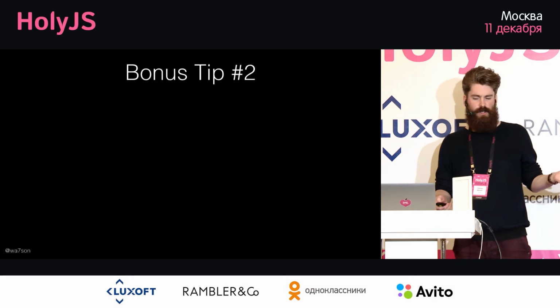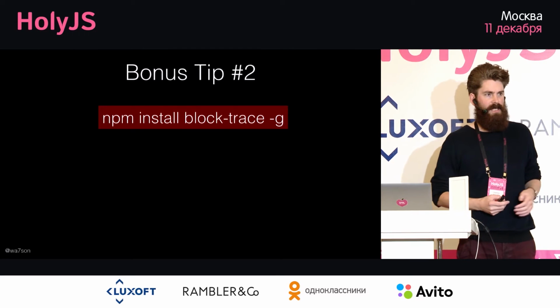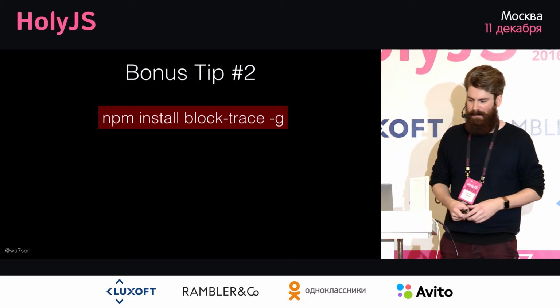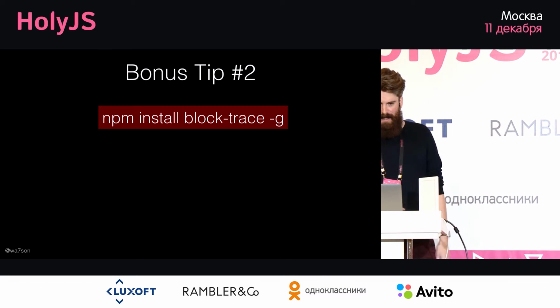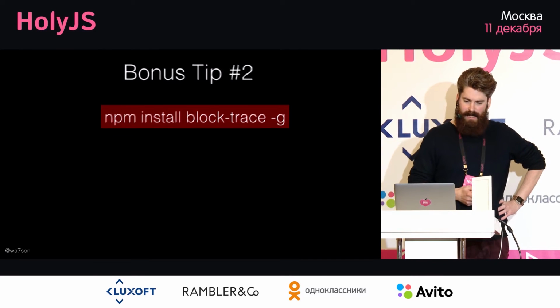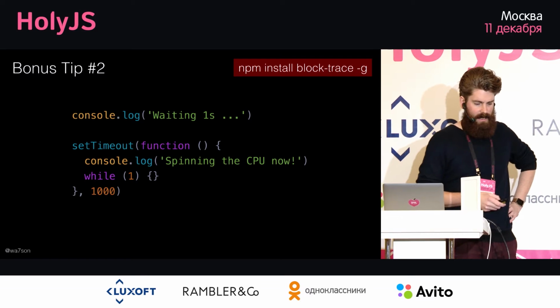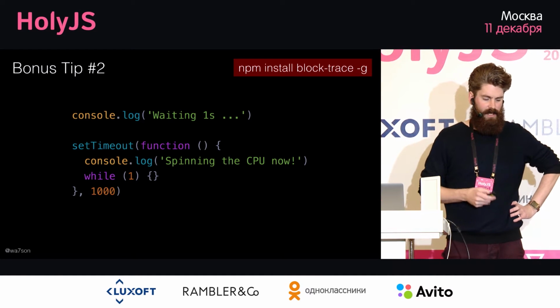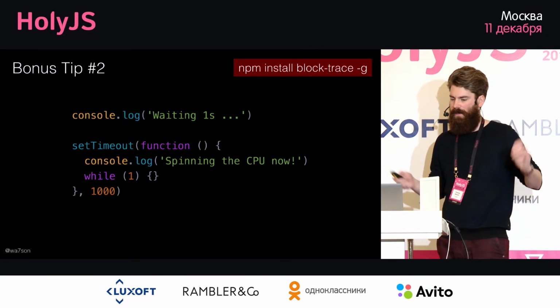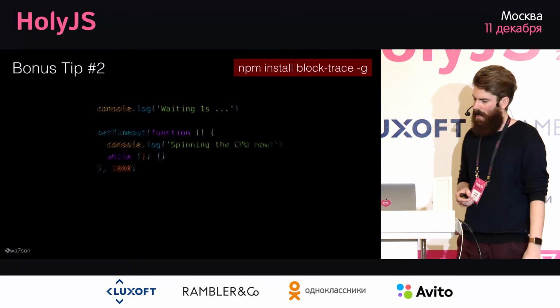So bonus tip number two. There's another one called block-trace, made by this guy sitting down there. If you install that, and let's say we have a program like this that just has a timer that spins forever, it's an arbitrary example.